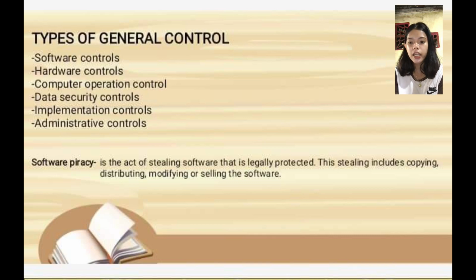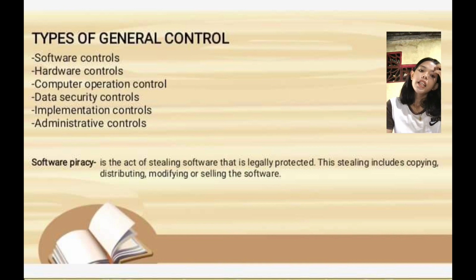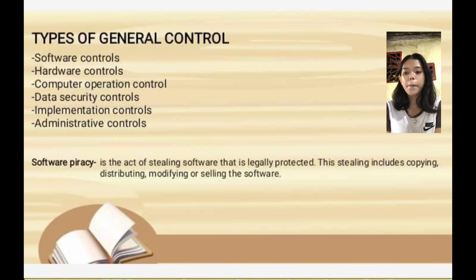Computer operation control. This is the work of the computer department to ensure the programmed procedures are consistently and correctly applied to the storage and processing of data. They include controls over the setup of computer processing jobs, computer operations, and backup and recovery procedures for processing that ends abnormally.